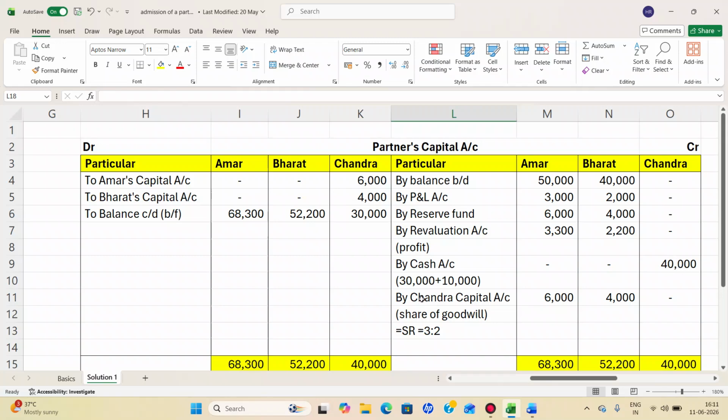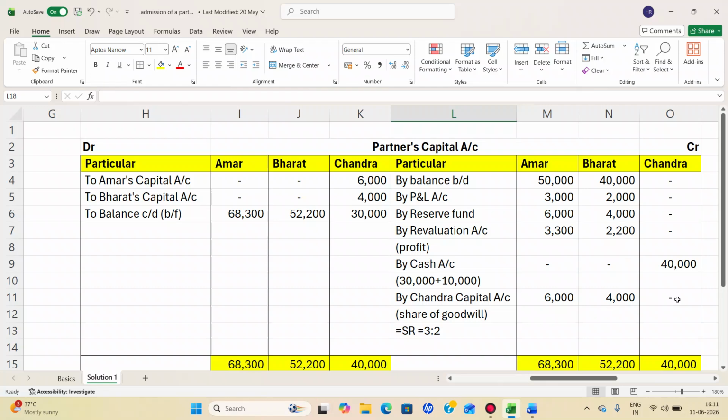After that, by Chandra's capital account, we have to write the share of goodwill, which should be distributed to old partners, that is in the ratio of 3 to 2. That is 10,000 into 3 by 5 and 10,000 into 2 by 5. We get 6,000, 4,000. We have to write in the Amar's column and Bharat's column.